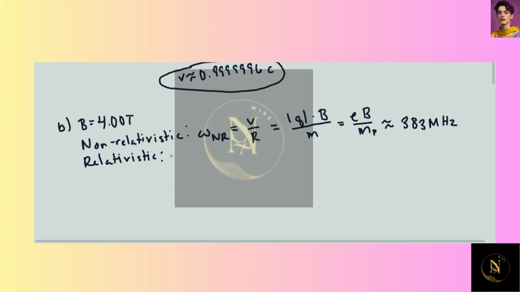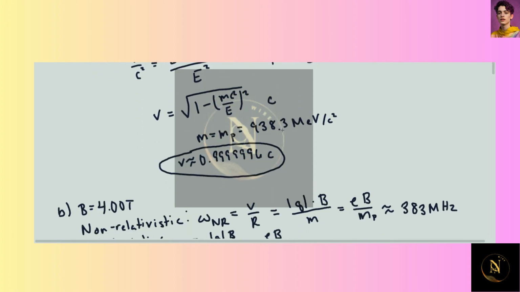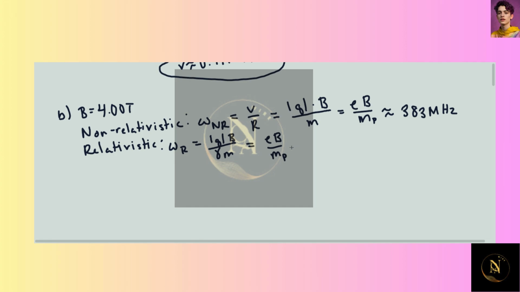The relativistic expression is slightly different. It is going to be equal to the charge times the magnetic field over gamma times the mass, which is EB over gamma Mp. And then for the gamma factor, we can use the same thing that we had from part A, where it's E over mc squared.